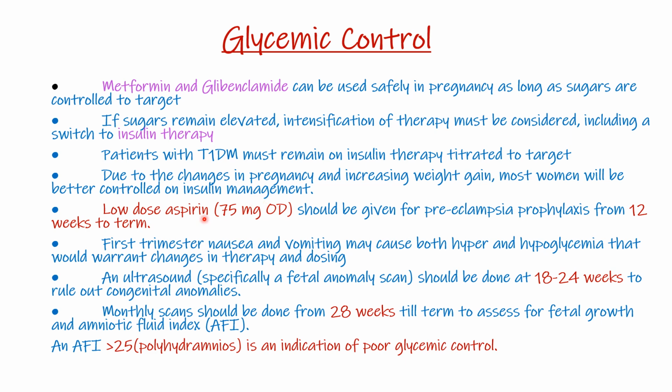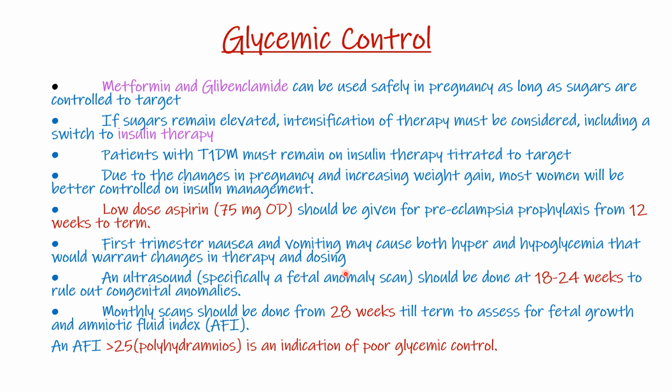In addition to that, we already said that diabetes in itself predisposes a woman to preeclampsia. So what we do, from week 12, you give the patient low dose aspirin, that is 75 mg OD, for preeclampsia prophylaxis from 12 weeks to term. And then from the first trimester, nausea and vomiting may cause hyperglycemia and hypoglycemia that would warrant changes in therapy and dosing.